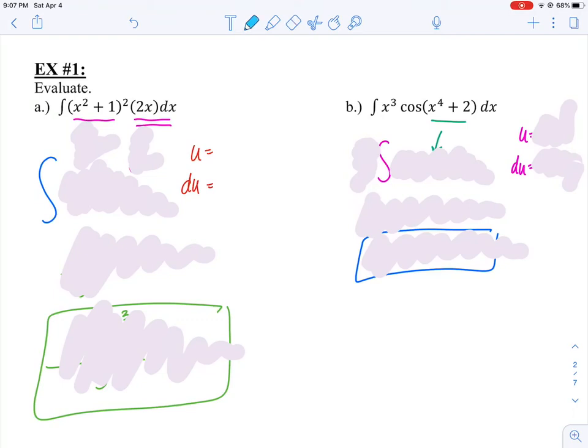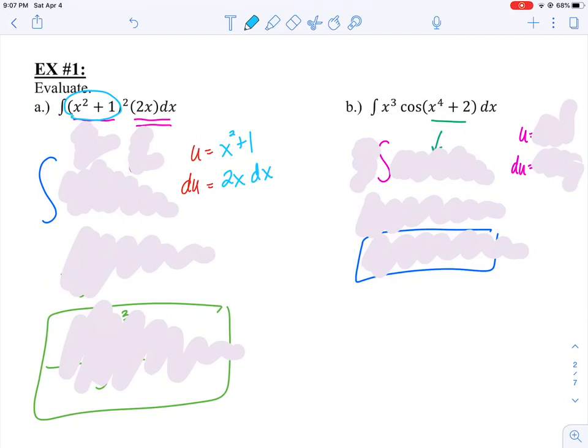And so in this problem, I'm going to look for my inside. And so I'm going to call this x squared plus 1 my u. And so that means the derivative, du over dx, would be 2x. I'm going to multiply both sides by dx. And so that gives me a du of 2x dx.